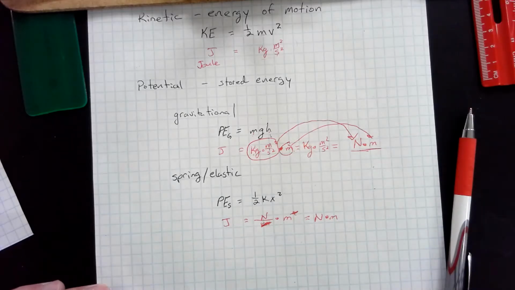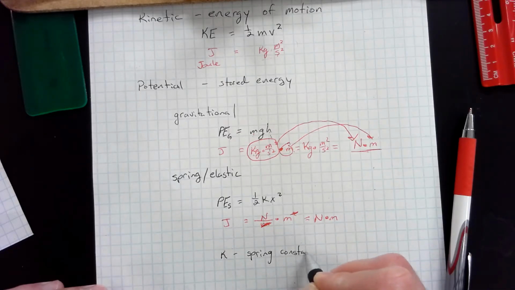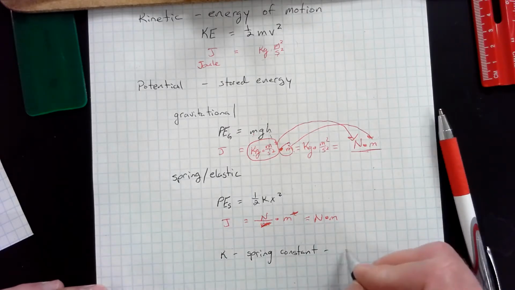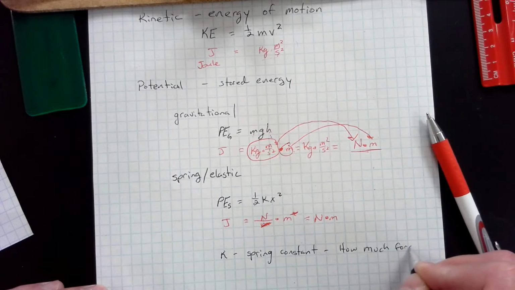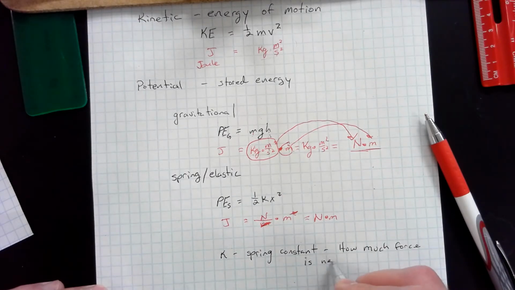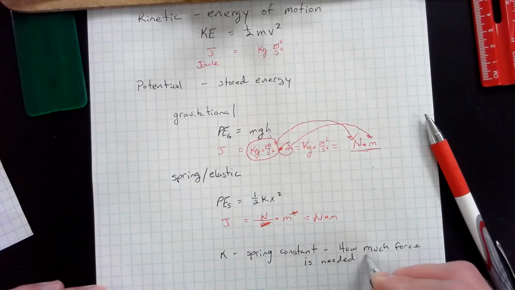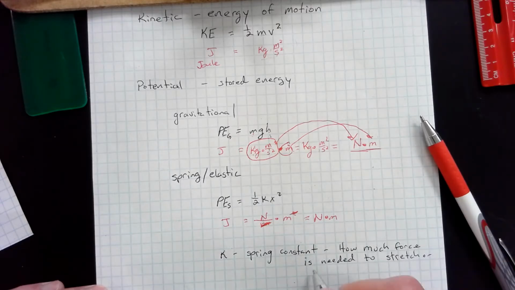All right, so k is the spring constant, sometimes called the force constant. It is how much force is needed to stretch or compress a spring 1 meter.